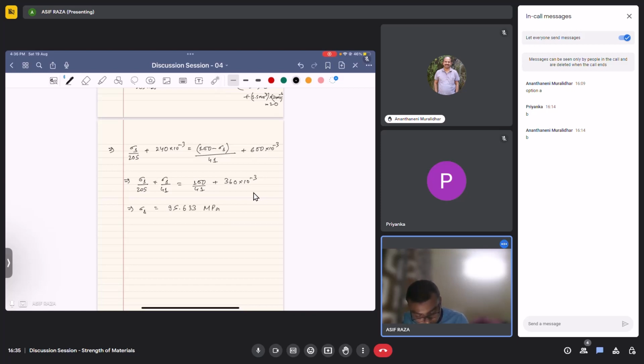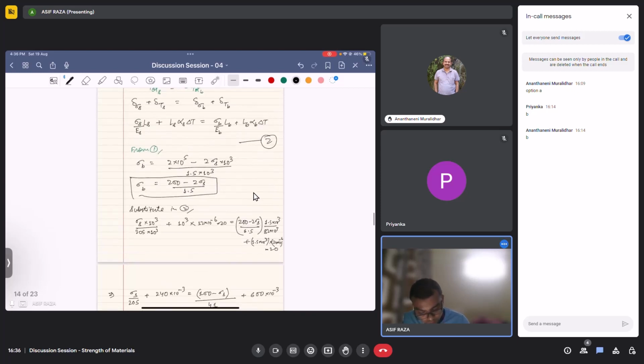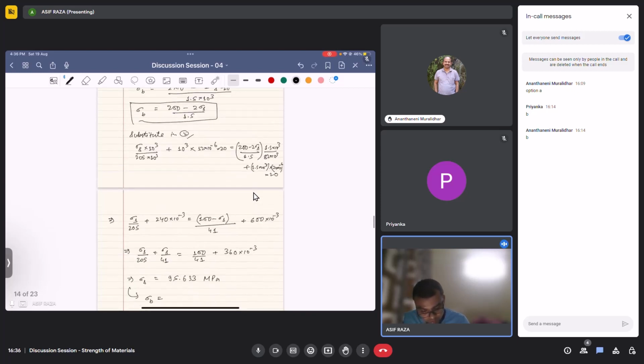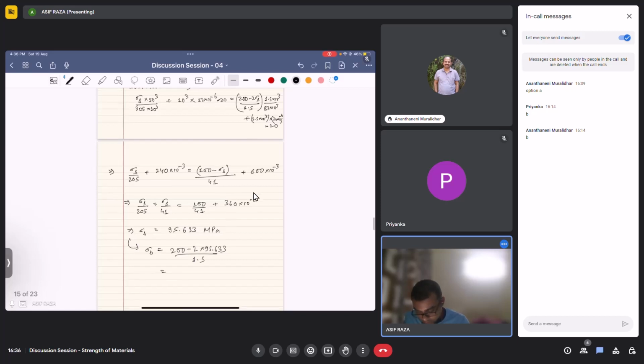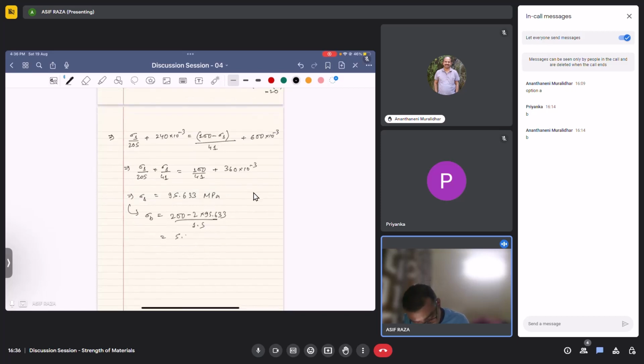Consequently, sigma b, using this equation, would be 200 minus 2 times 95.633 divided by 1.5, that would be equal to 5.822 megapascal.